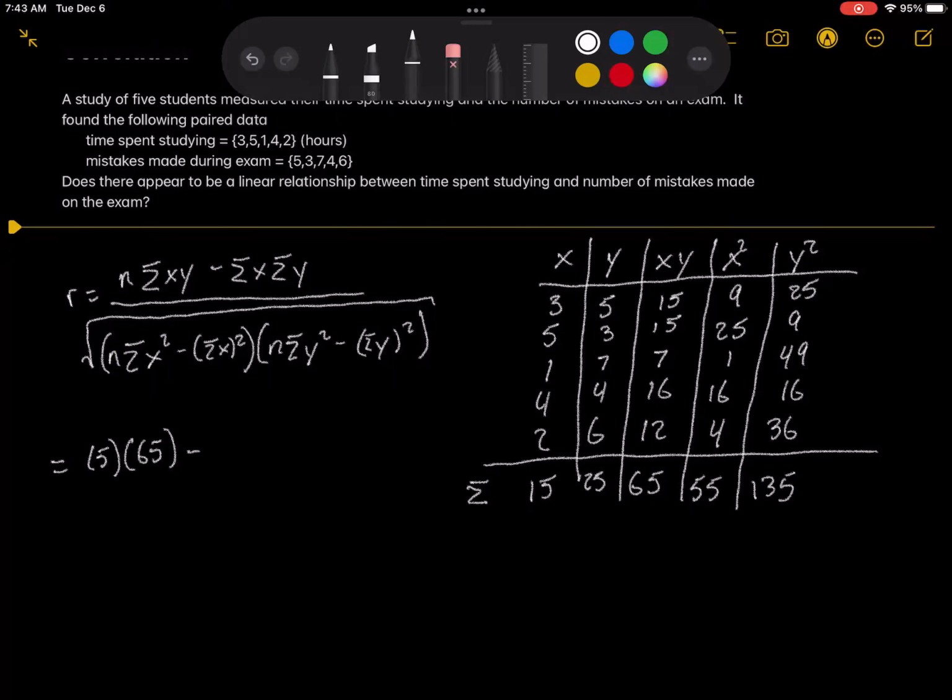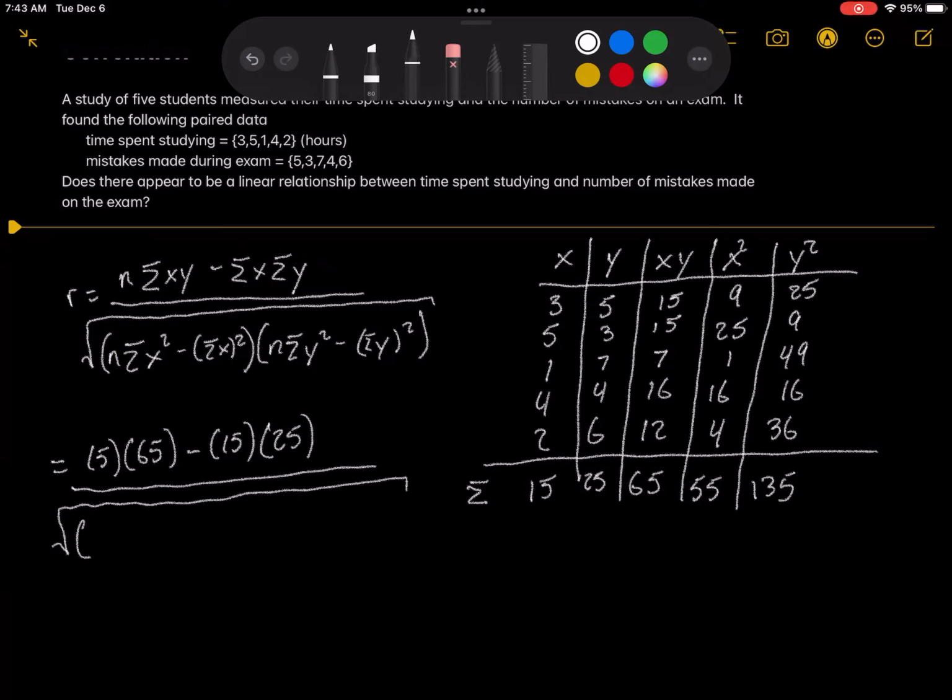The sums of the x's right here is 15. The summed y's is 25. And we'll just keep going. We'll use our table to our advantage.